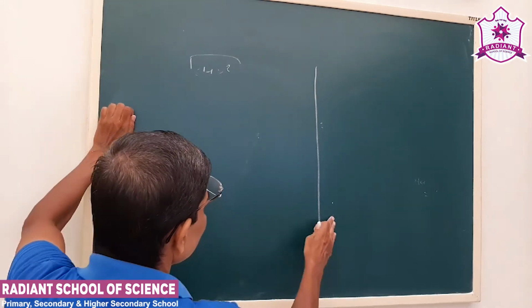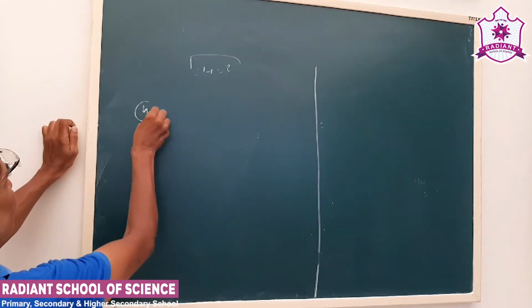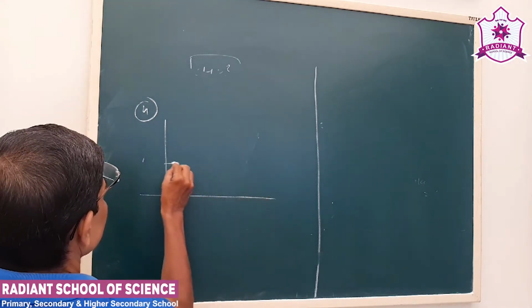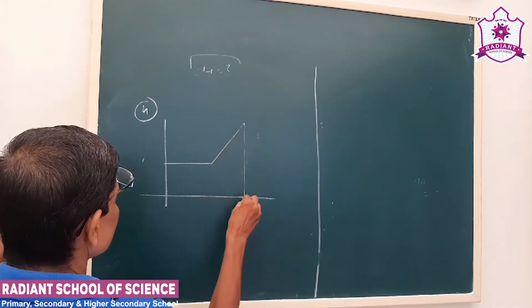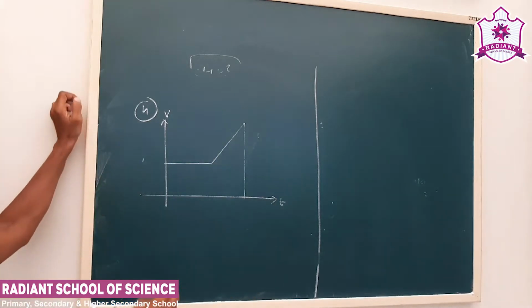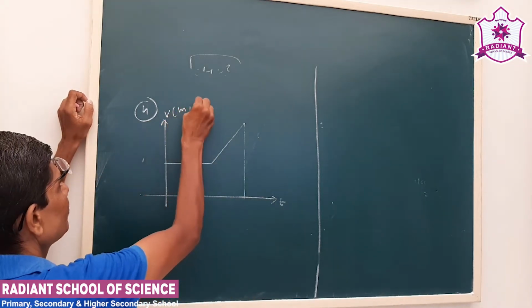Now next is a velocity time graph, in meter per second.